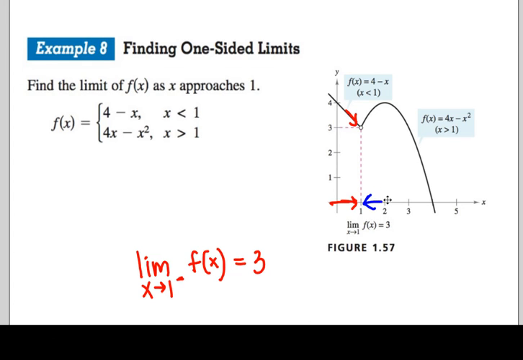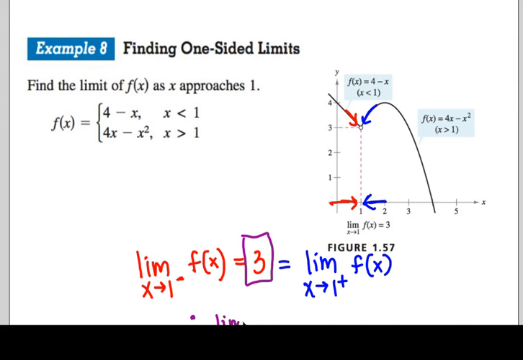The limit coming from the right of 1 looks like it is also approaching 3. I'm just going to save myself some room here. Since both of them equal 3, then I can say the limit as x approaches 1, without putting a left and right, is equal to 3. It's pretty snazzy.